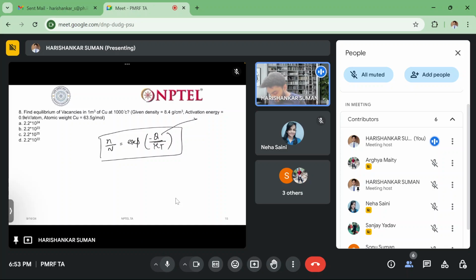Let me simplify more. For this N, you can apply density, Avogadro number, and atomic weight of Cu. The atomic weight is given as 63.5 gram per mole. Density is given as 8.4 gram per centimeter cube.